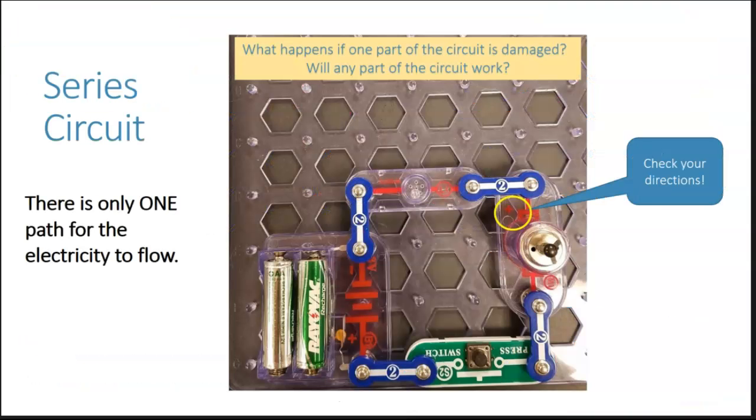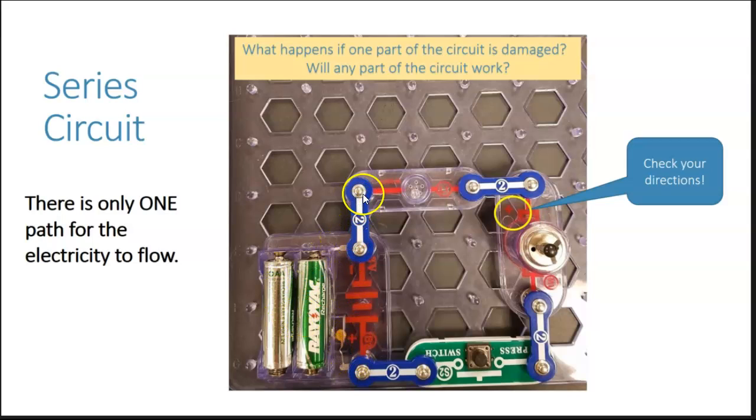You'll be looking at a few different types of sequences when you build. The one that I have represented here is called a series circuit. There's only one path for the electricity flow. Here's our voltage.